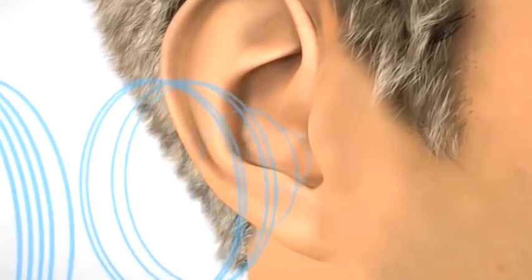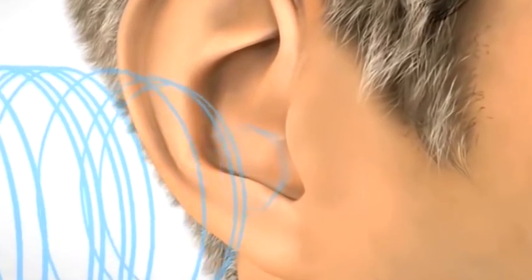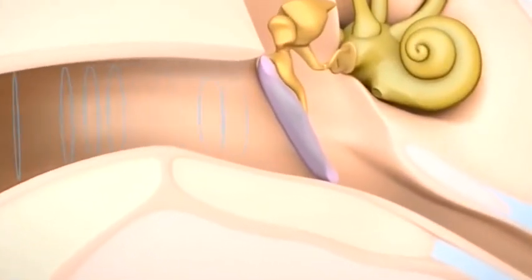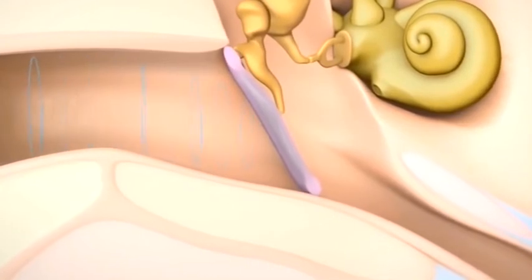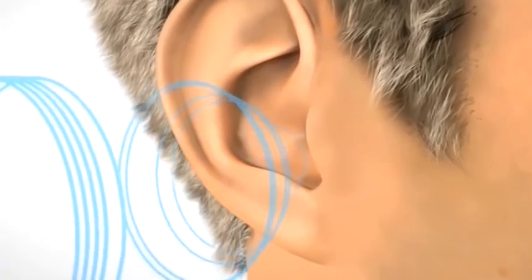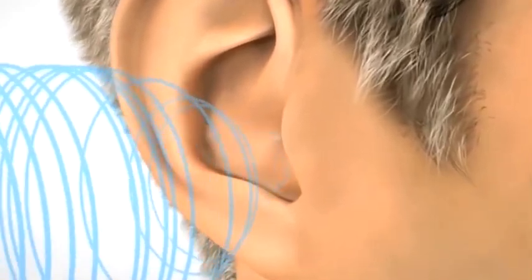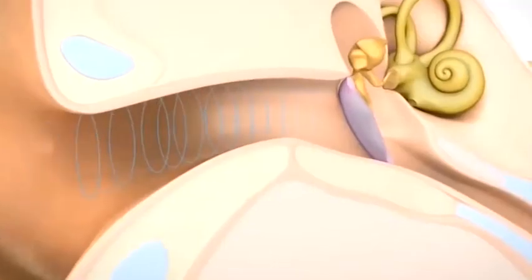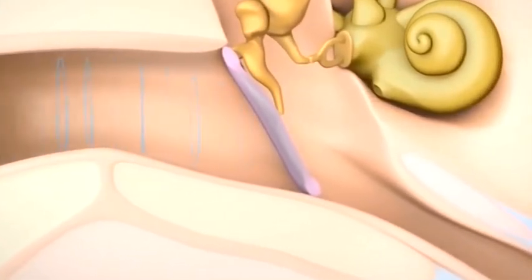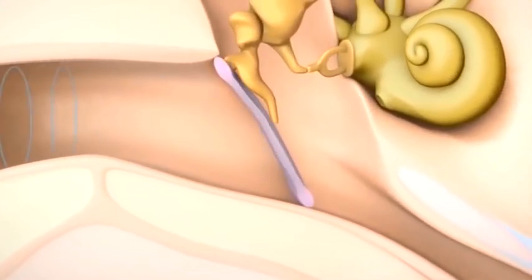The hearing process. Hearing begins with the outer ear. When a sound is made outside the outer ear, the sound waves or vibrations travel down the external auditory canal and strike the eardrum, also called the tympanic membrane.